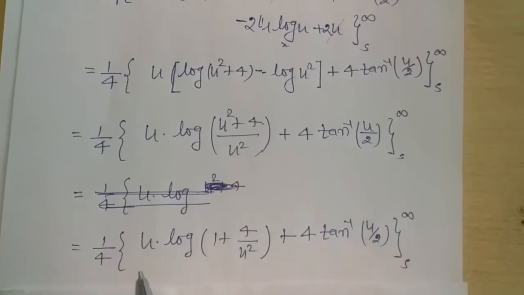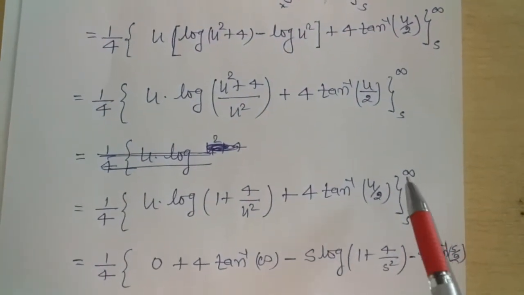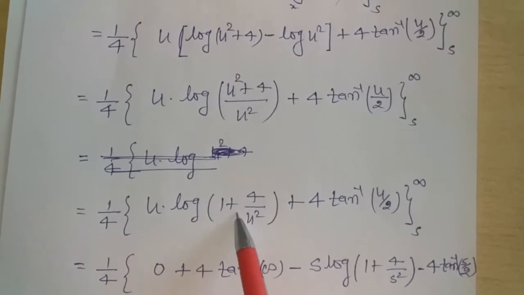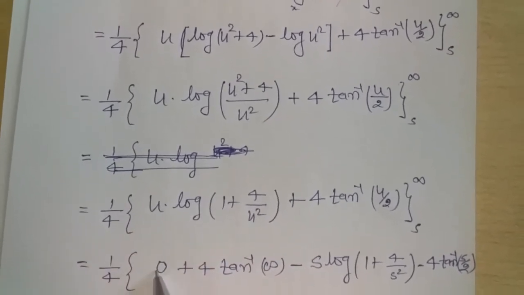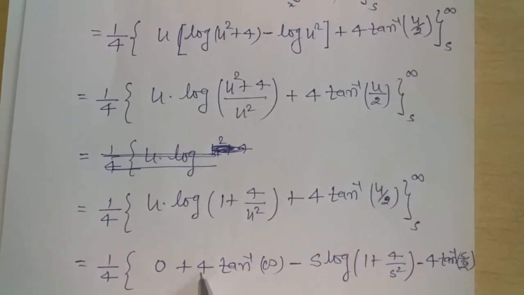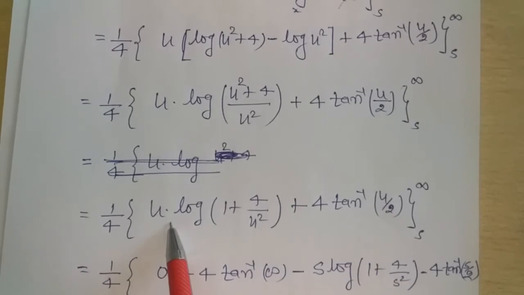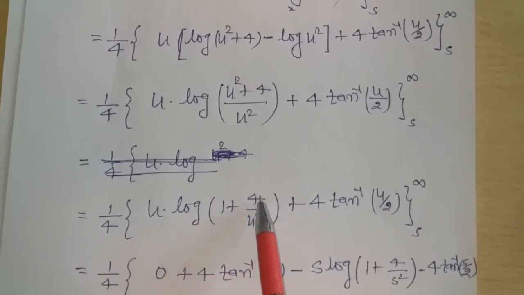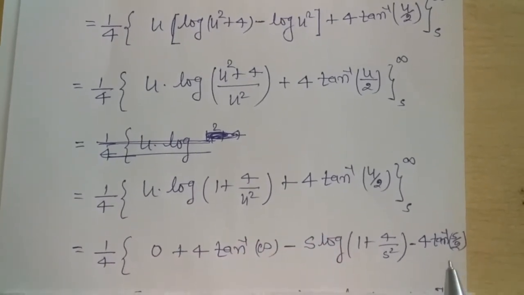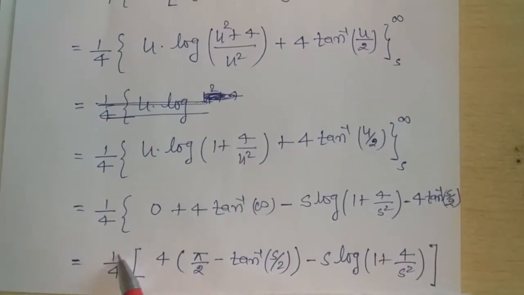Now we put the upper and lower limits. The upper limit gives 4 by infinity is 0, 0 plus 1 is 1, and log 1 is 0, so 0 multiplied by anything gives 0, plus 4 tan inverse (infinity/2), so we have 4 tan inverse infinity. Now we put the lower limit, so minus s log(1 + 4/s²) minus 4 tan inverse (s/2). This gives 1/4, constant multiple as it is.